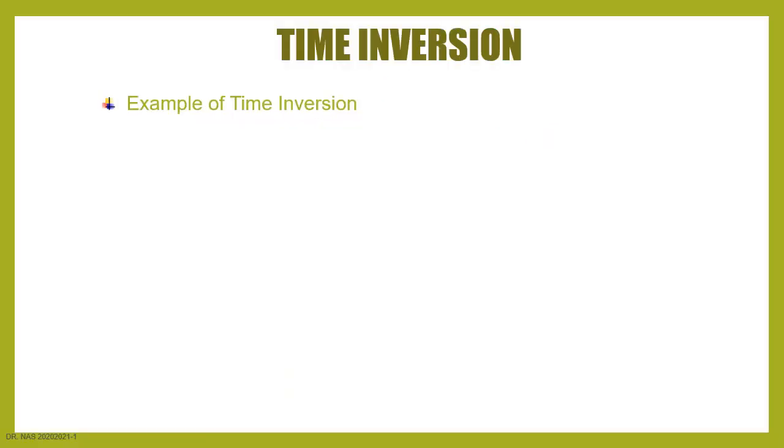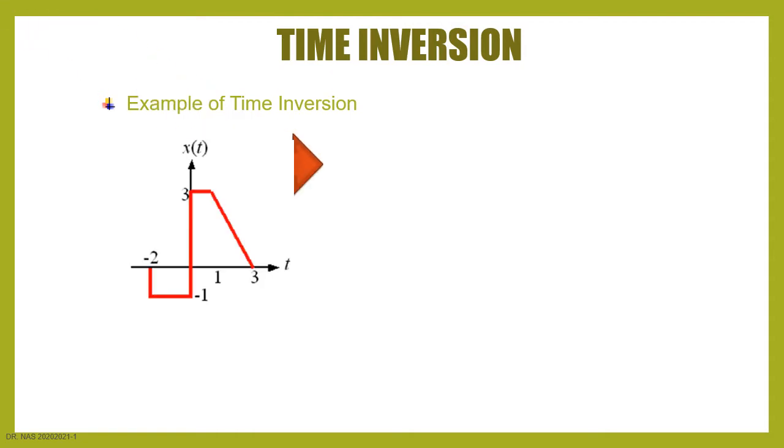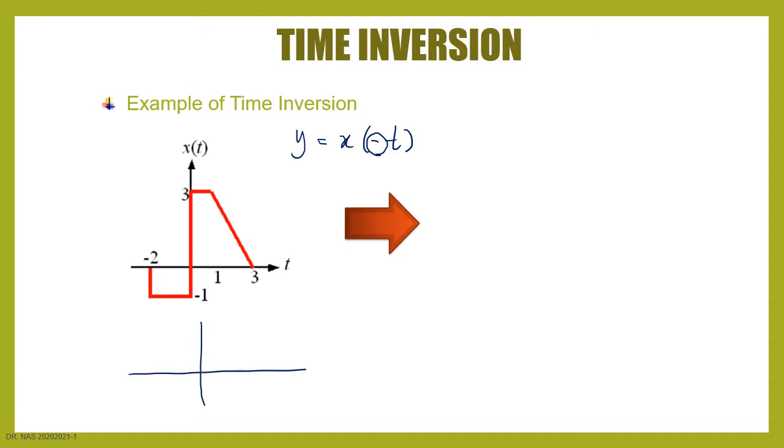Let's look at another example of time inversion. This is the original signal. What happens when you have a new signal y equal to x(minus t)? There's a negative inside the bracket, so it's a time-based operation. First draw the axis.